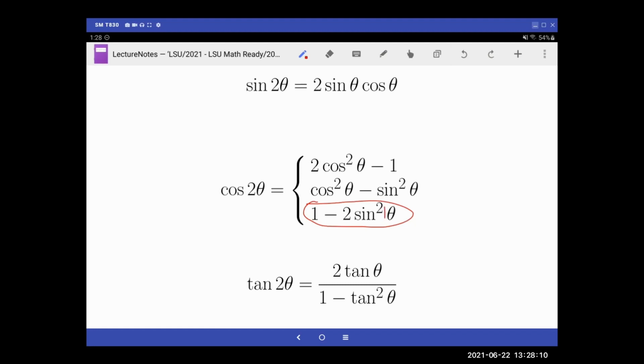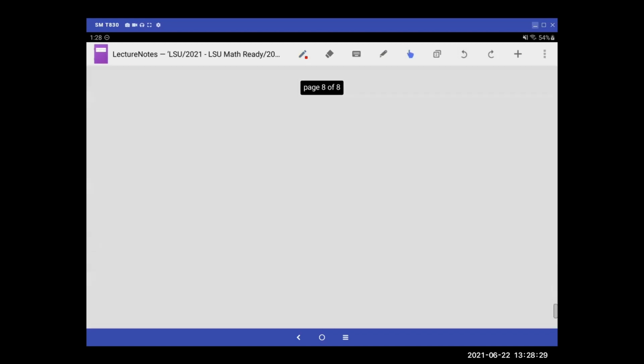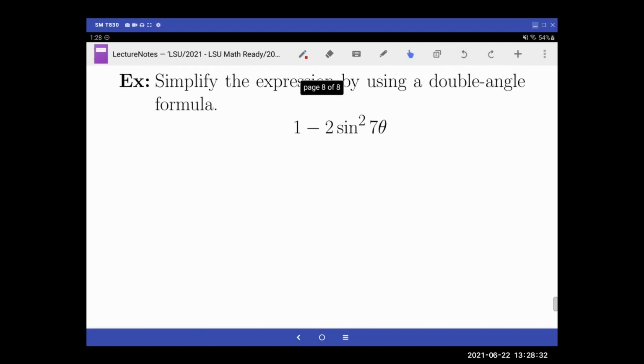Imagine this is 1 theta. If I wrote it as a double angle, it becomes a 2 theta. It doubles. So if I had a 7 theta here, if I were to double it, I would end up with a 14 theta. That's literally my entire thought process. Cosine of 2 theta equals 1 minus 2 sine squared of 1 theta.